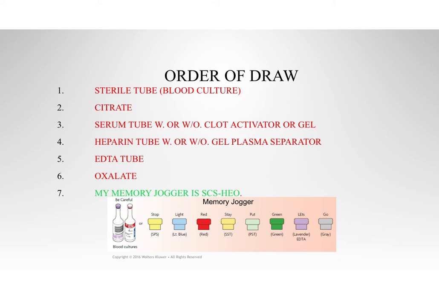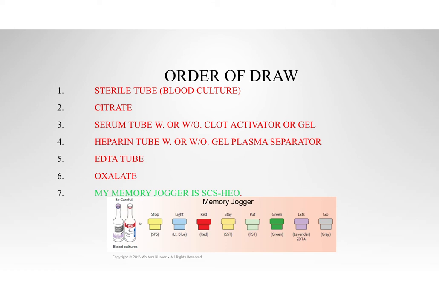All right. Another important point to remember in the order of draw is you're not going to have everything on this list every time. So whatever you have, you're going to place it in the order it would go. Say you're not going to have blood cultures to draw every single time, so you're really not going to worry about that, right?